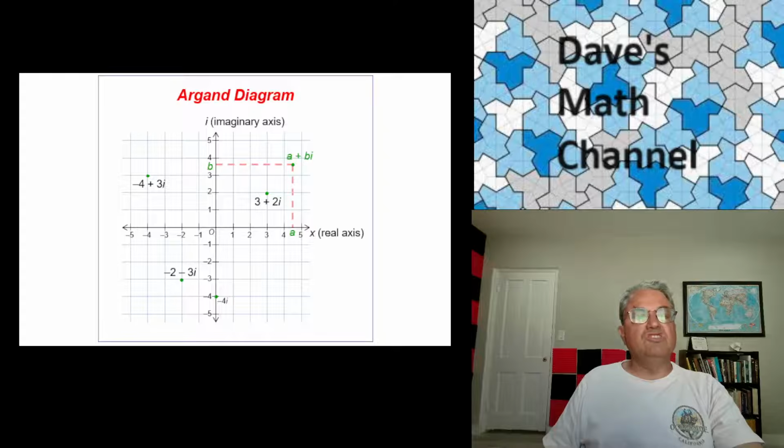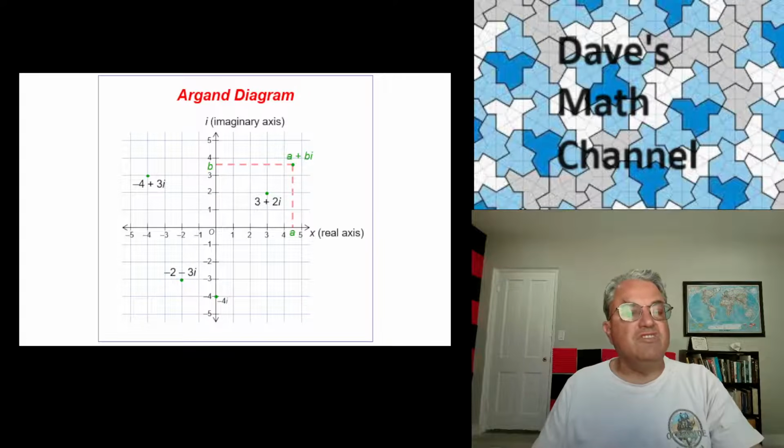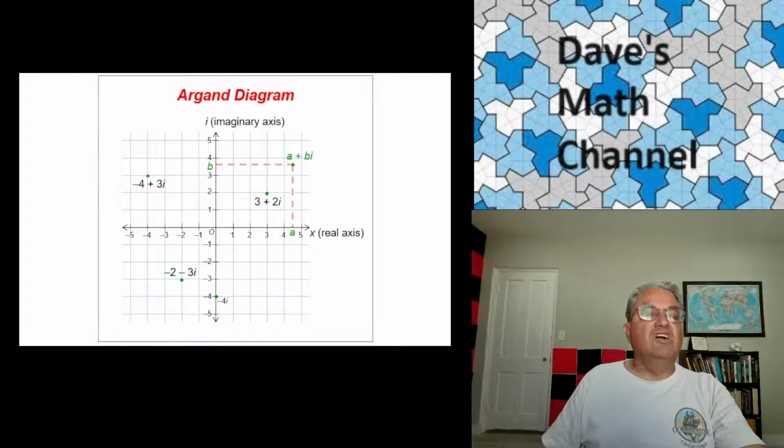They give you several examples on this slide. You can look at 3 plus 2i. Think of a complex number as a point on an Argand diagram, or a point on a complex plane if you like. Those are all complex numbers, and that's all they are.